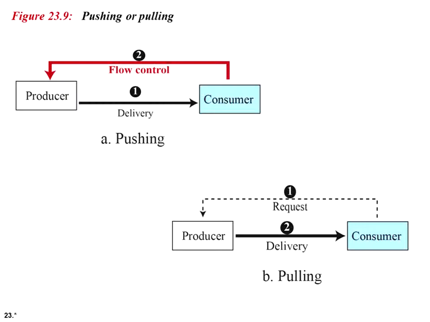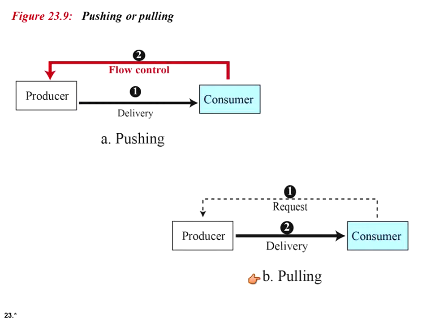So here we have two concepts, that is pushing and pulling. Here the delivery of items from a producer to a consumer can occur in two ways. So the first one is pushing and the second one is pulling.